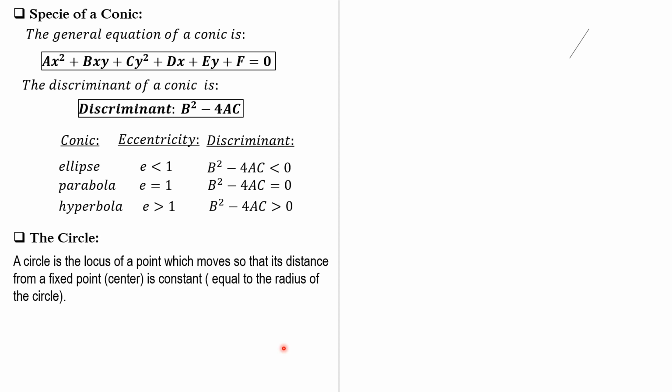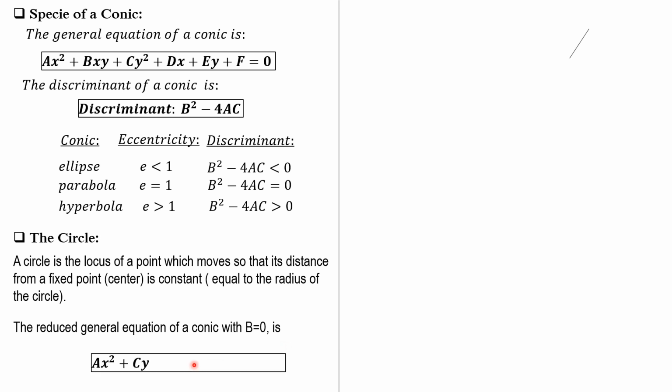Then it reduces to ax squared plus cy squared plus dx plus ey plus f equals 0. Now, for this conic, as mentioned, the axis would be parallel to the coordinate axis.